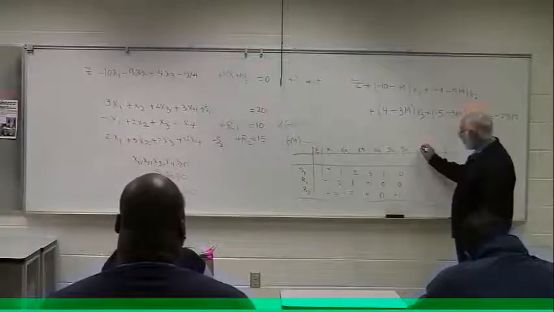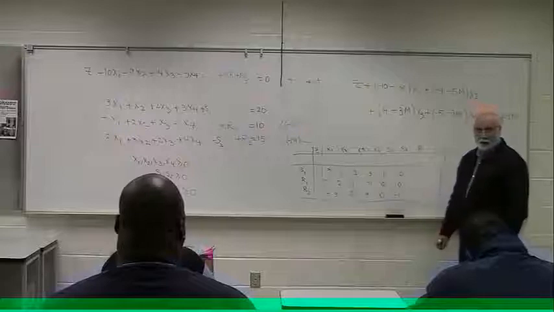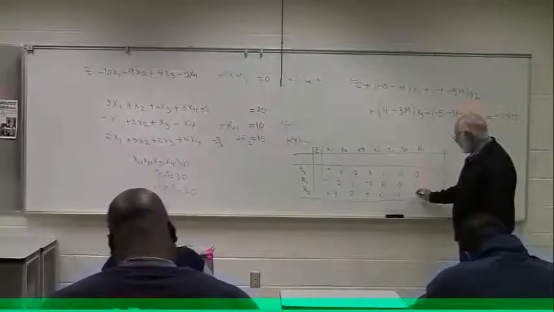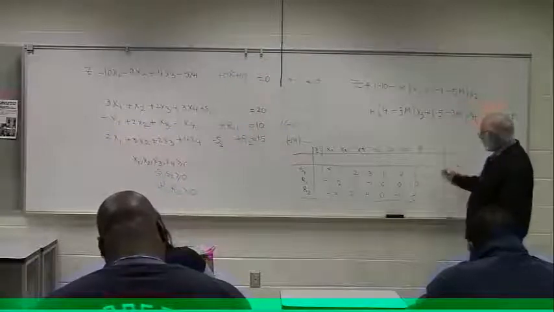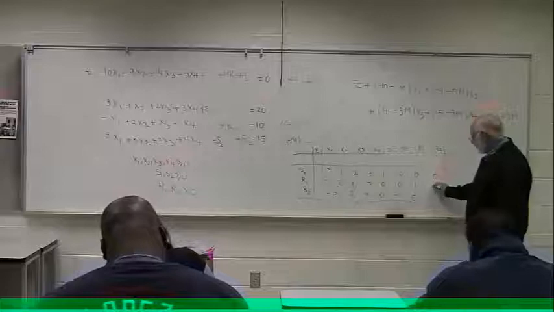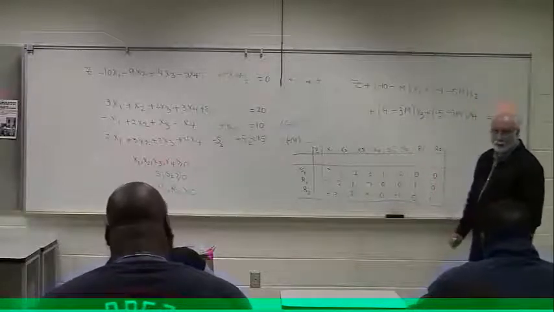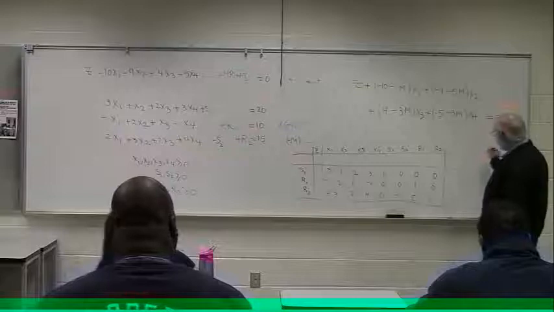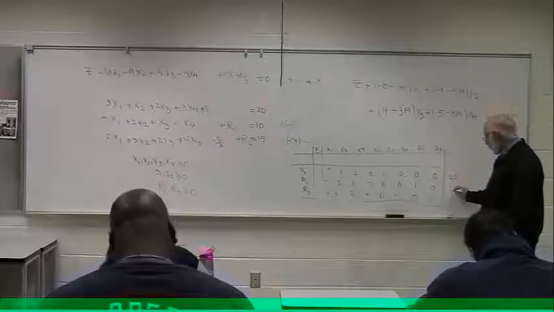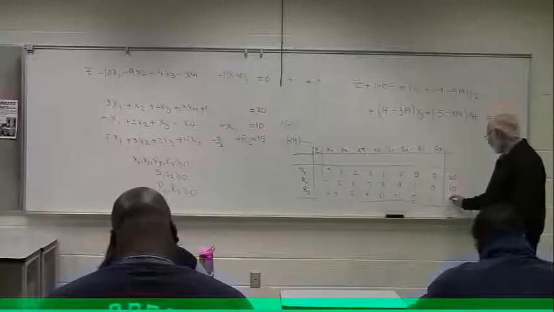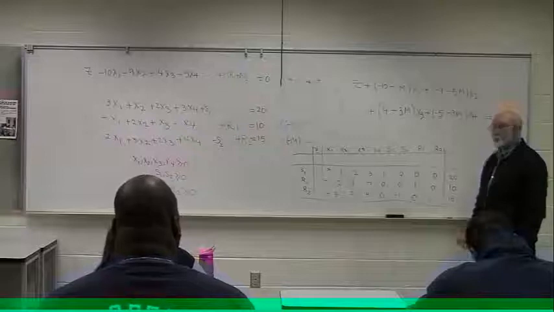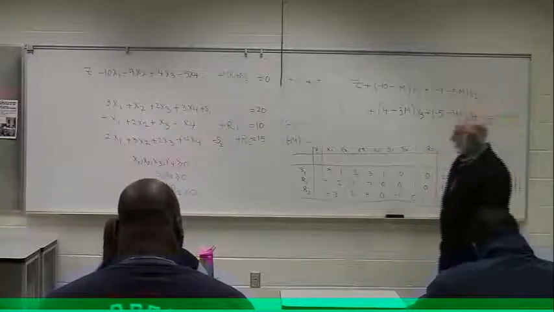Under R1, I have 0, 1, 0, and under R2 I would have 0, 0, 1. On the right-hand side I have 20, 10, and 15. The 0 comes from here.